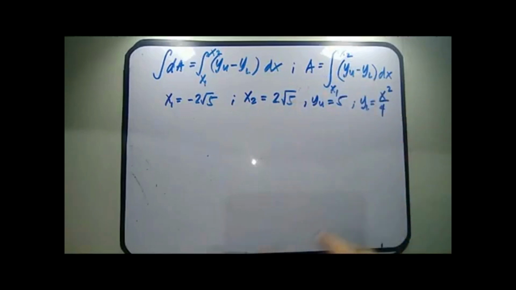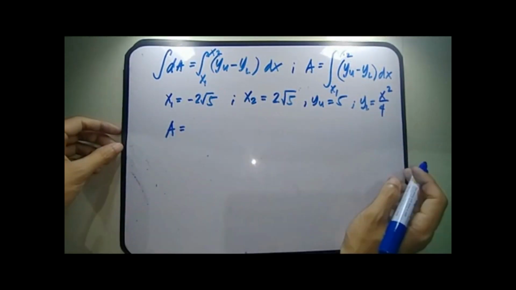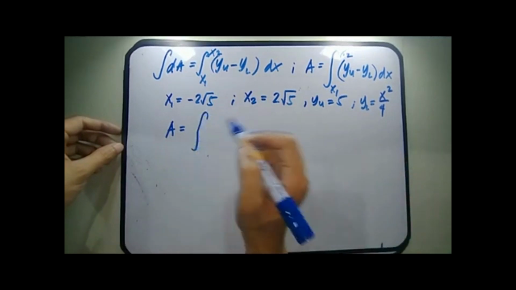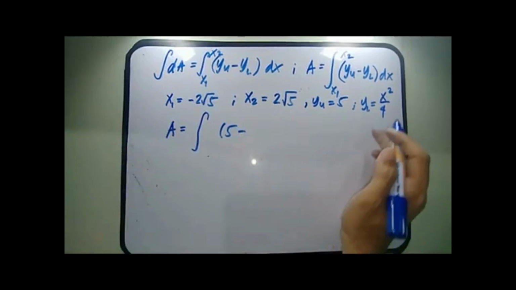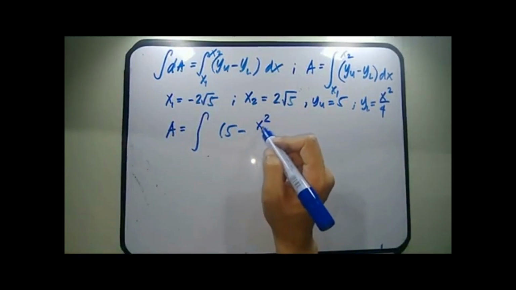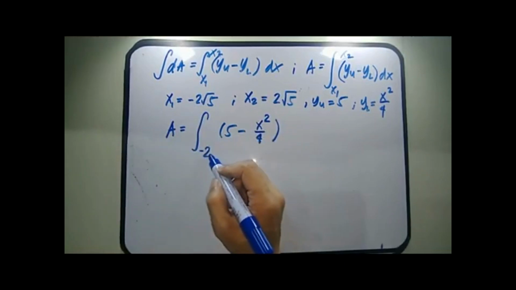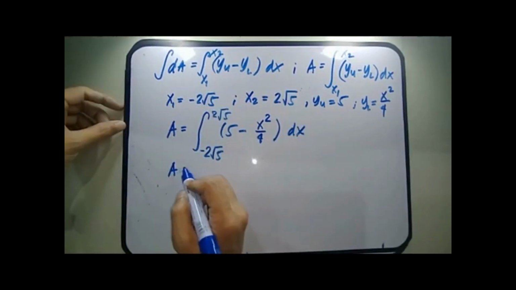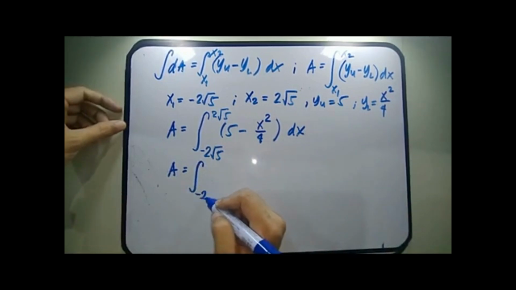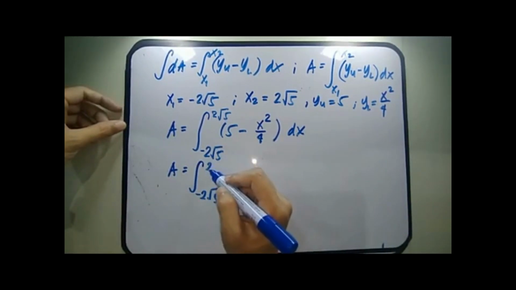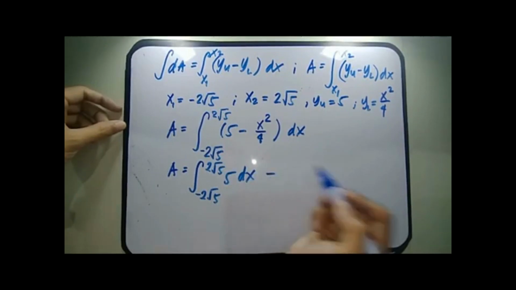You have area is equal to the definite integral of y upper, which is 5, minus y lower, that is x squared over 4, differential of x from negative 2 square root of 5 to positive 2 square root of 5. You can use your calculator here, but let's try solving this manually. You have here the definite integral of 5, just distribute this.